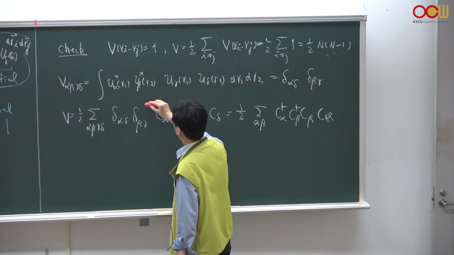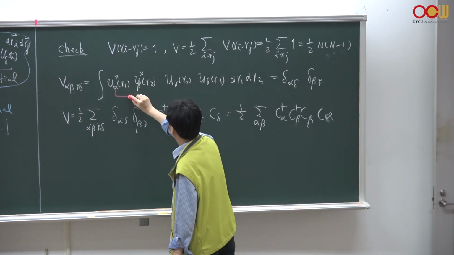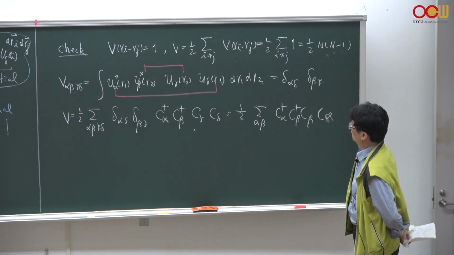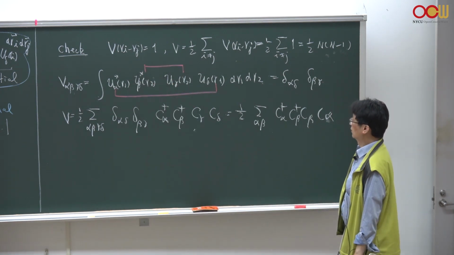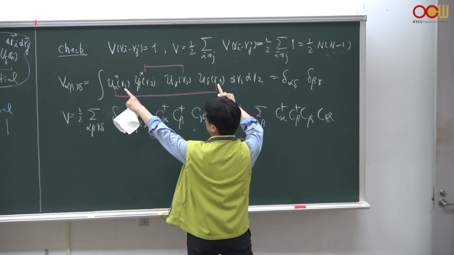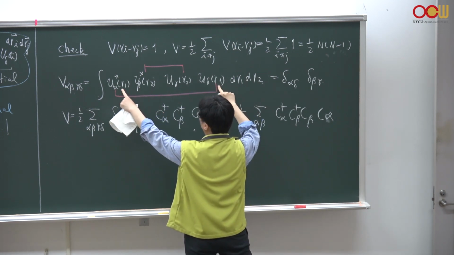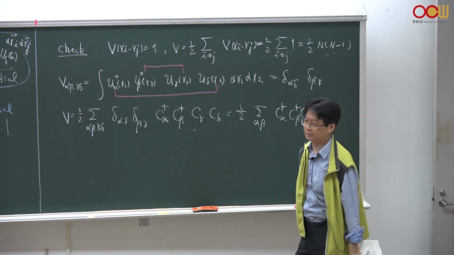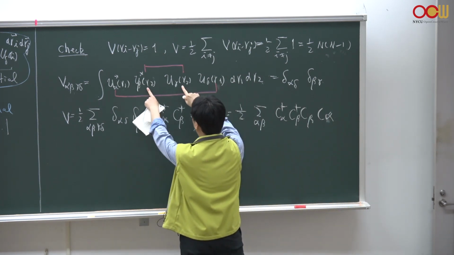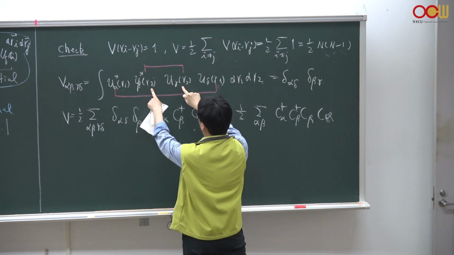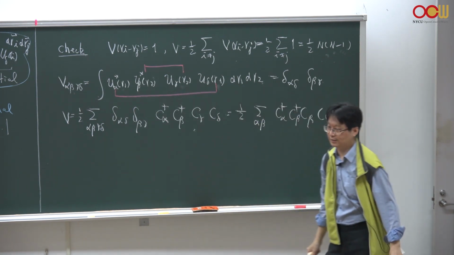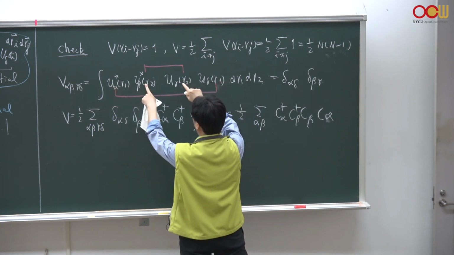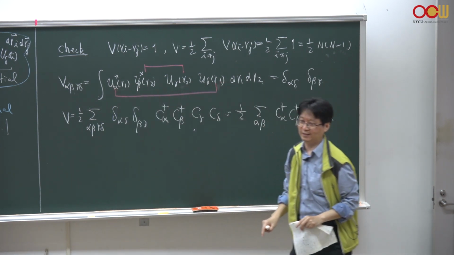So delta alpha-delta and delta beta-gamma, they should have the same indices because these two wave functions describe the same particle in the same position, right? Okay, r1, and the middle ones describe this particle at r2. So you should pair 1 and 4 and 2 and 3, not the other way around.